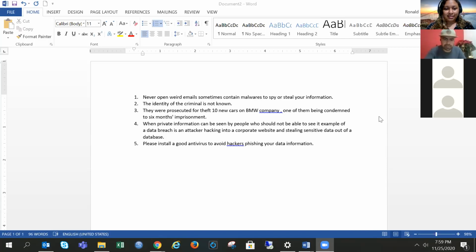In the fourth, we use data breach. An example of data breach is an attacker hacking into a corporate website and stealing sensitive data out of a database. And in the fifth, we use phishing. Please install a good antivirus to avoid hackers phishing your data information.